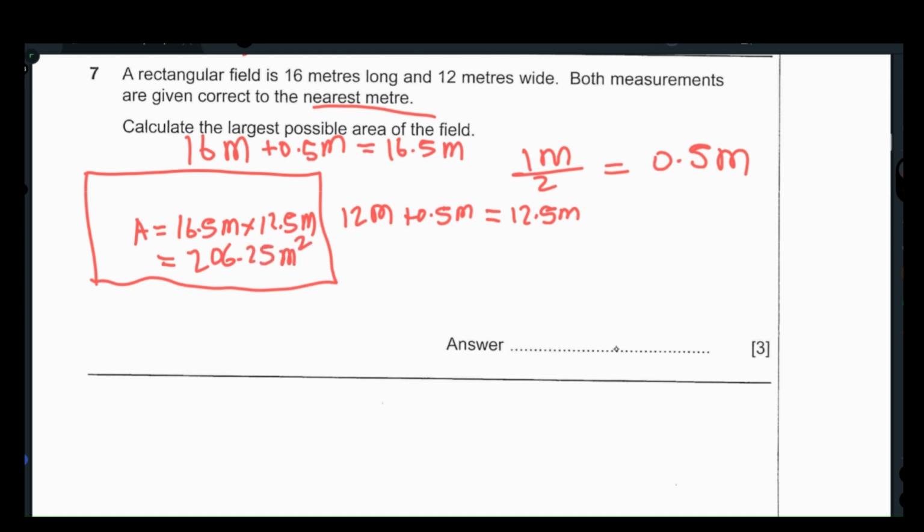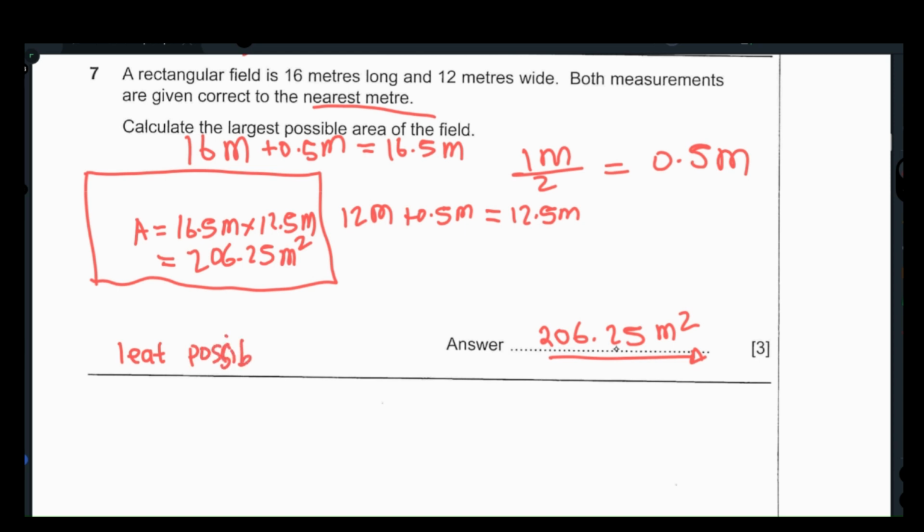So that is the largest possible area. The largest possible area is 206.25 meters squared. Alright.